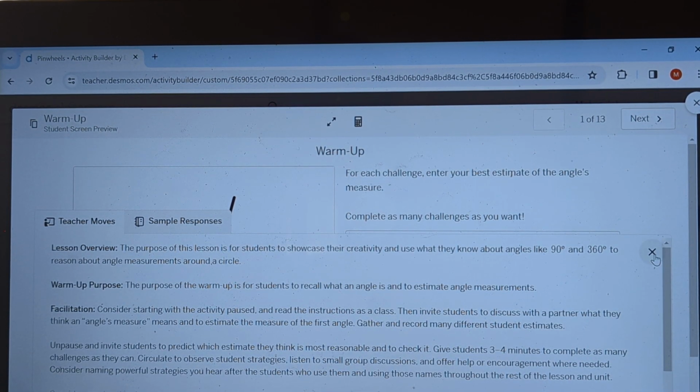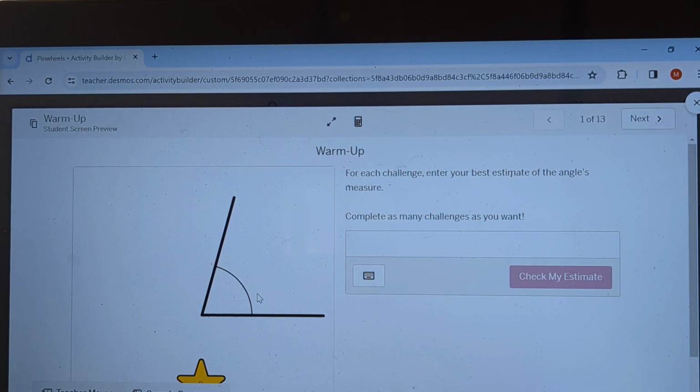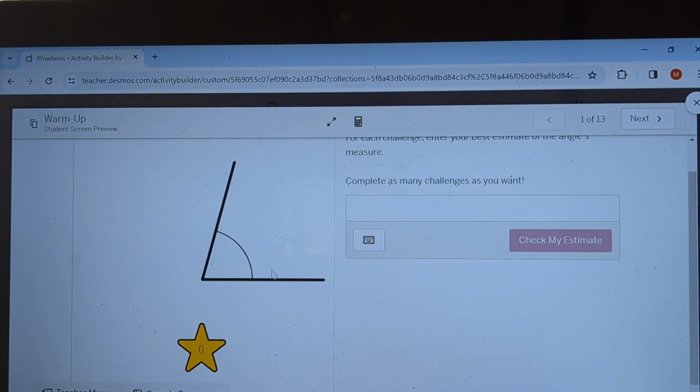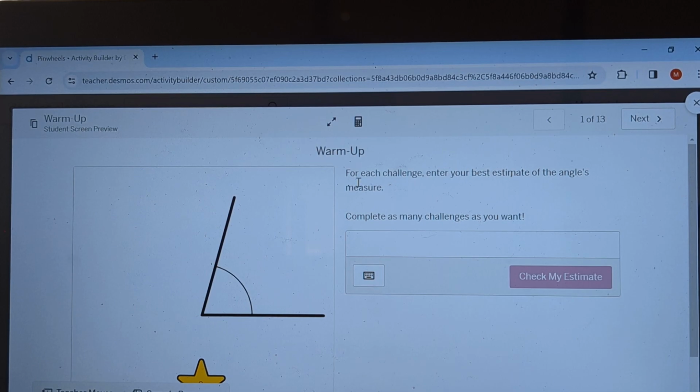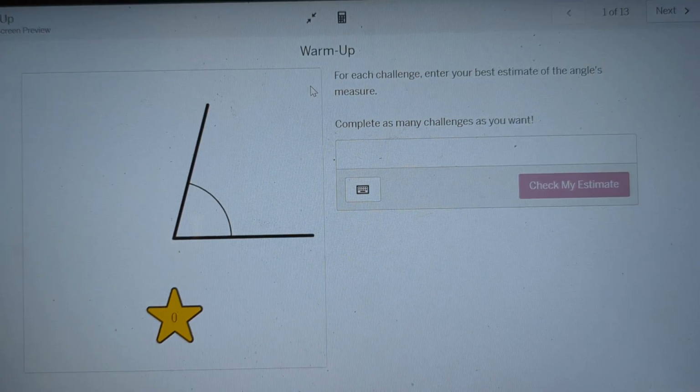So with our warm-up, you see that there's an angle right here. Now we are supposed to, for each challenge, enter your best estimate of the angles measured. You see that there's an angle that runs right here.